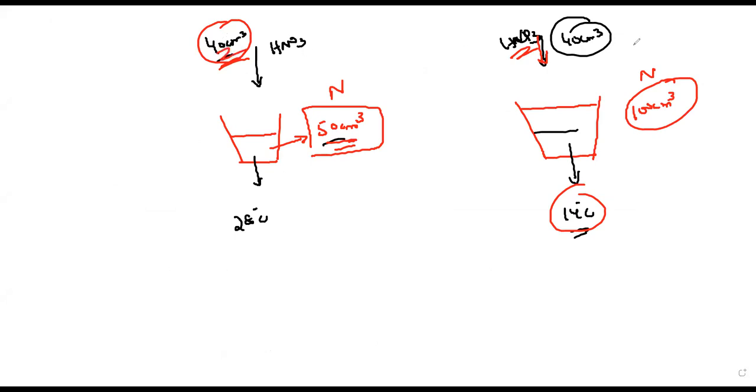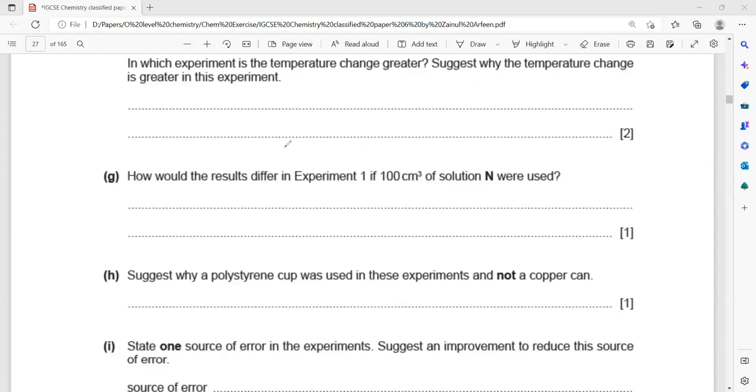This is 40, so this should be 80. If 50 becomes 100, then 40 will become 80 for the same temperature change. So the answer here: the temperature change will decrease, a smaller change in temperature.